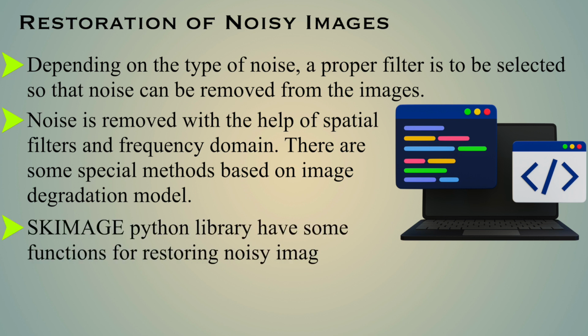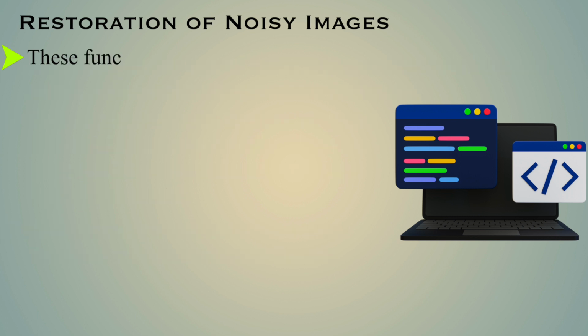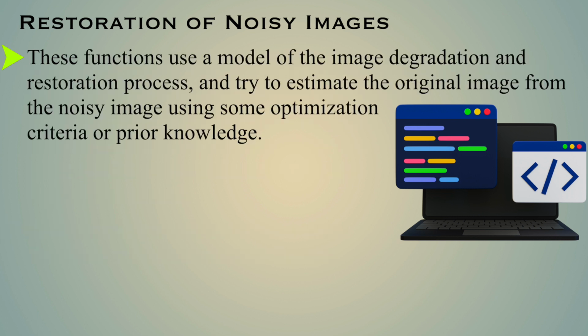The skimage library is available in Python and has some functions for restoring noisy images. These functions use a model of the image degradation and restoration process and try to estimate the original image from the noisy image using some optimization criteria or some prior knowledge.